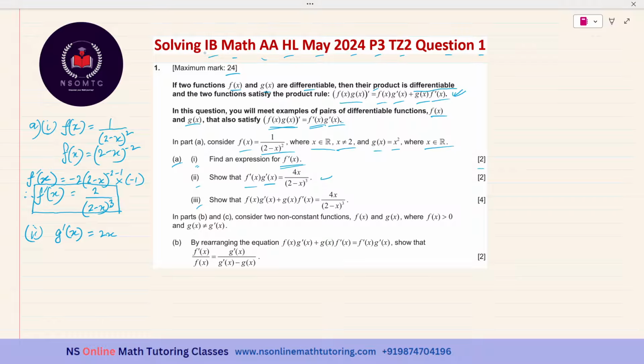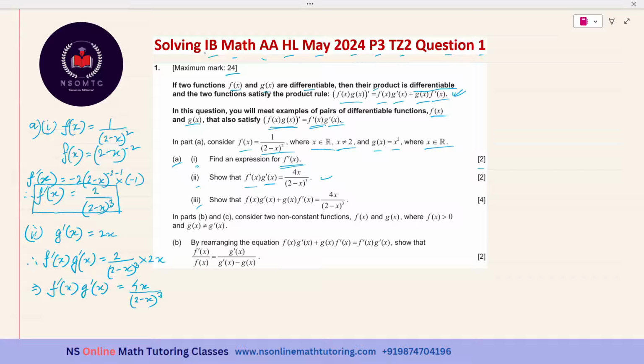Therefore, f dash x times g dash x is equal to 2 over 2 minus x whole cubed times 2x, which implies f dash x times g dash x is equal to 4x over 2 minus x whole cubed.